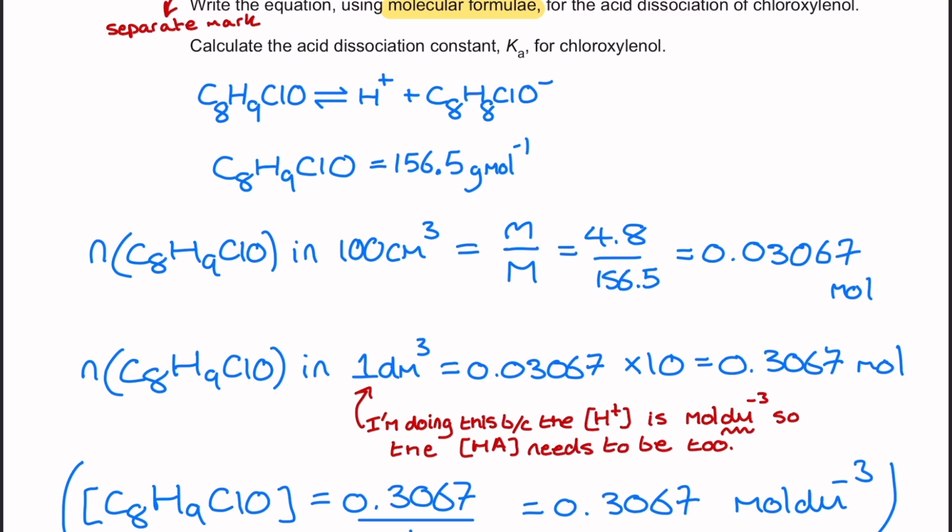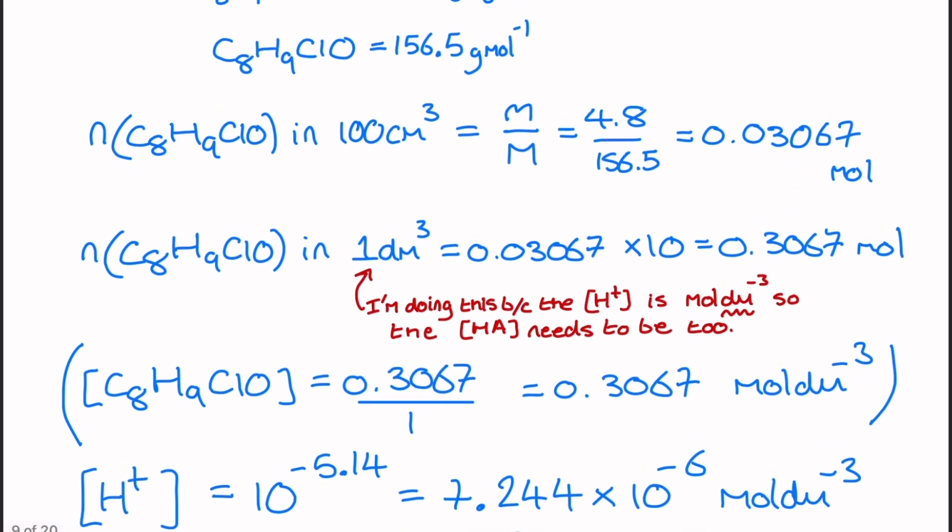Now, think carefully. I have the moles at the moment in 100 centimeters cubed, but if I had the number of moles in a decimeter cubed, then that would mean I know the concentration, because concentration is moles per decimeter cubed.